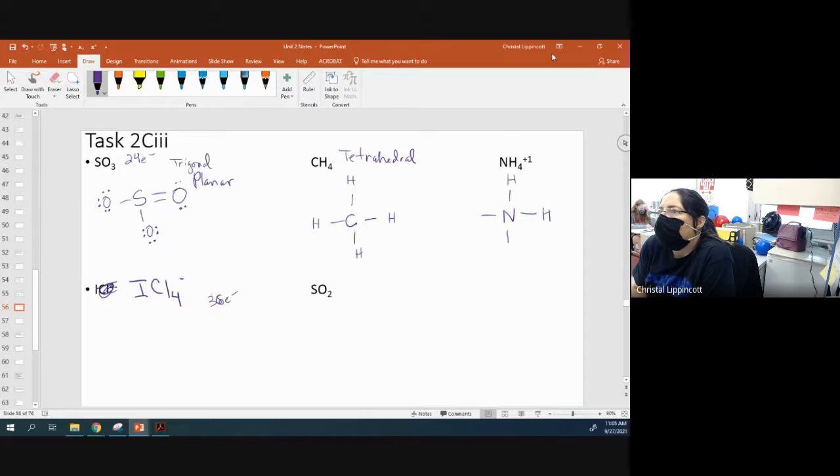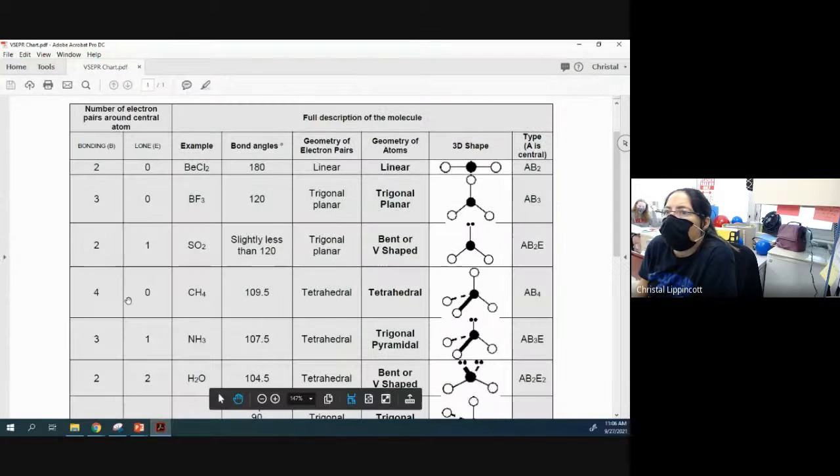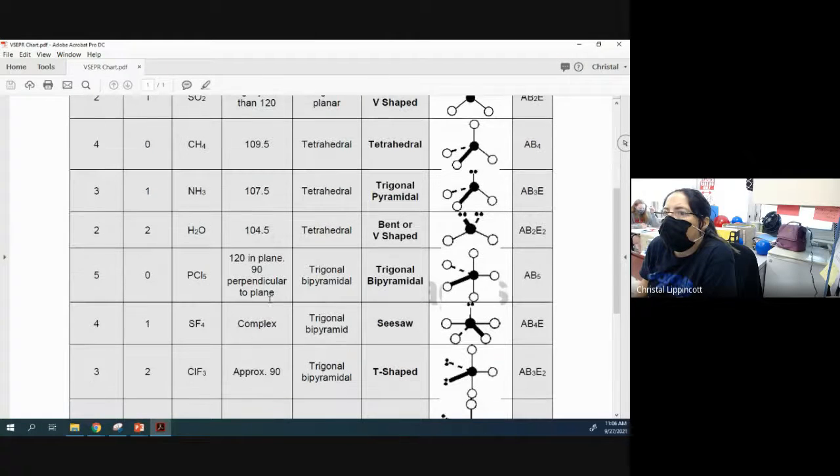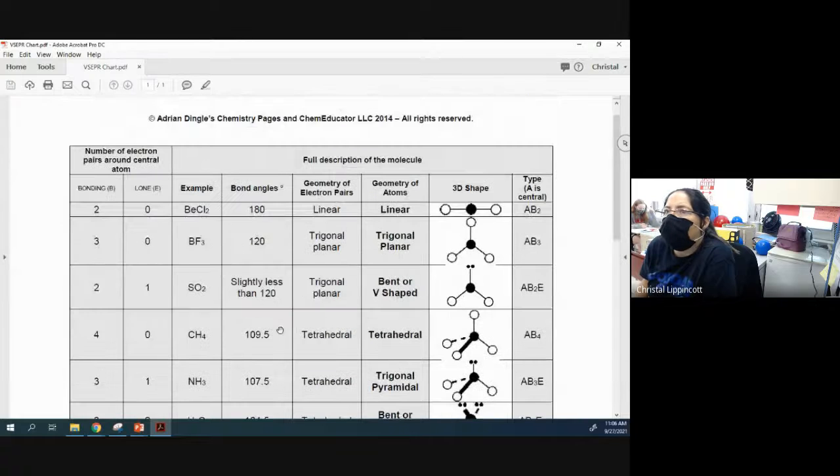For NH4, the bond angles are just what we wrote down. No, this is tetrahedral. There's no lone pair, it's just four atoms attached, so it's 109.5. There are no lone pairs of electrons.